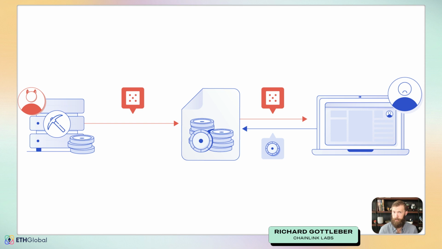That's where Chainlink comes in. Chainlink will provide a verifiably random number from the Oracle network to a smart contract, and this prevents the miners from being able to act in that malicious fashion. Additionally, I mentioned that it was verifiably random. There's a cryptographic proof included with the random number that will demonstrate how that number was generated.